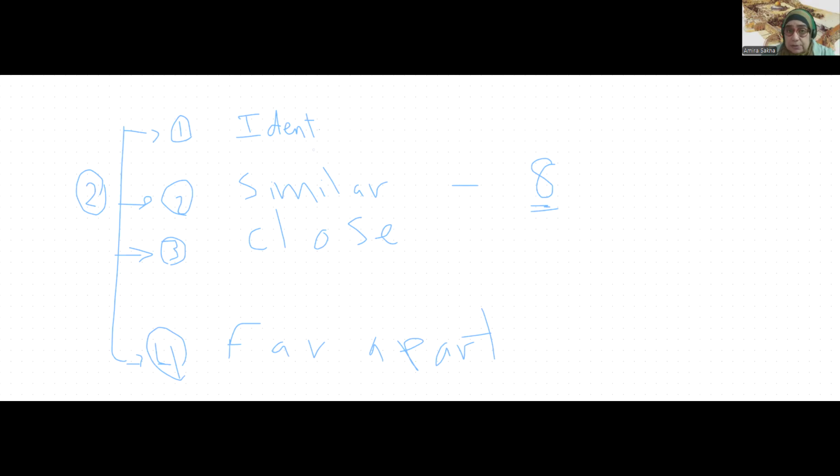Or similar, متجانسين, meaning they share the same articulation point but differ in some of their characteristics, and those are only in 8 cases.